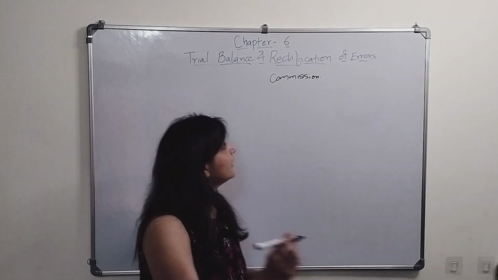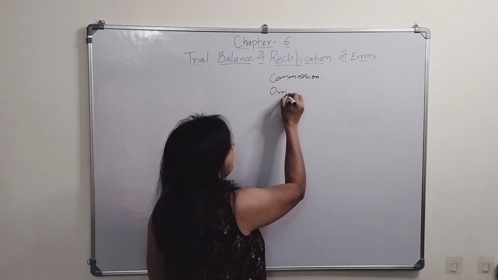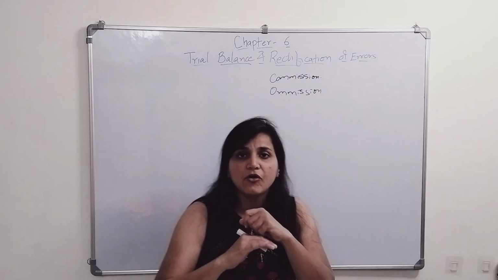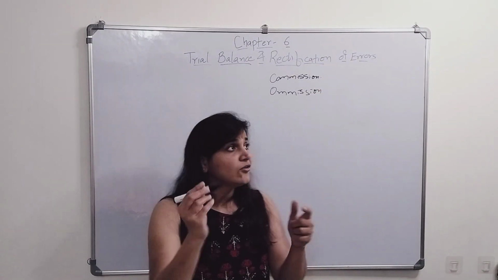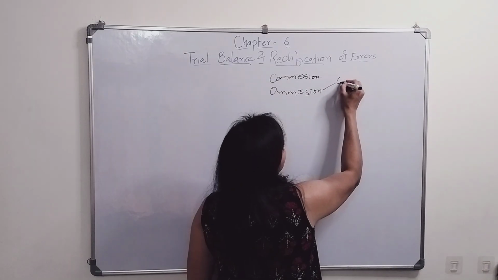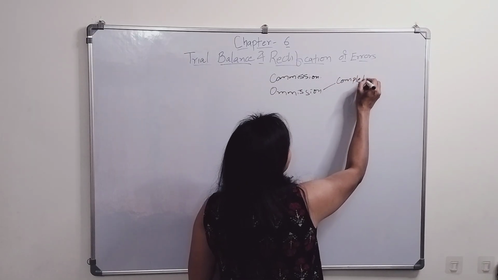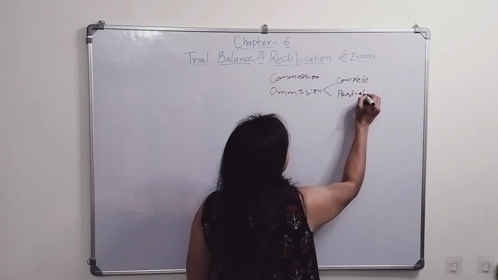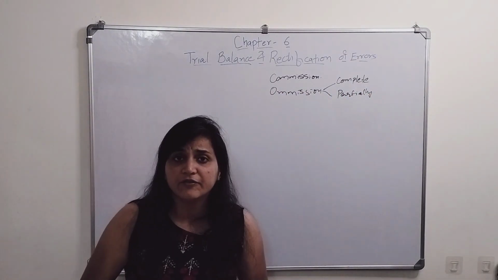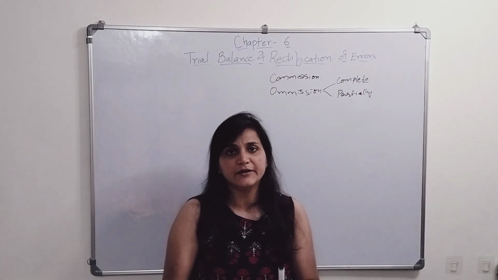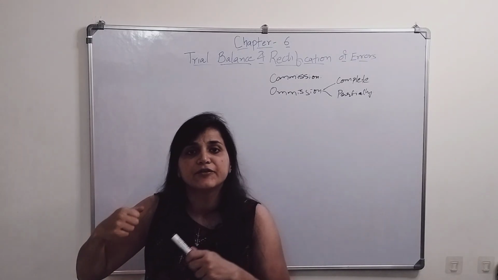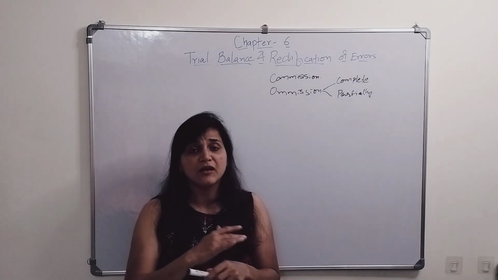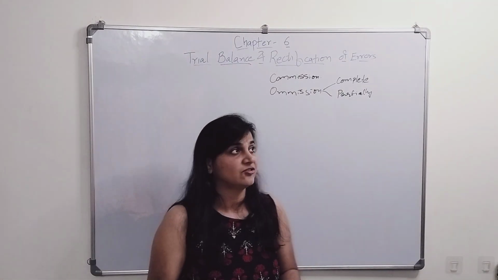The second is error of omission. When I say error of omission, it means I forgot to record a transaction. That could be completely forgotten or partial. Completely: I sold goods to somebody, but I have not recorded that entry, so that won't show in my books.